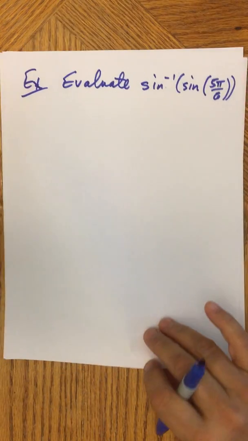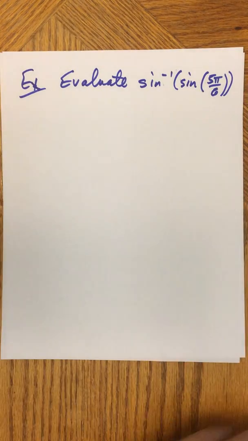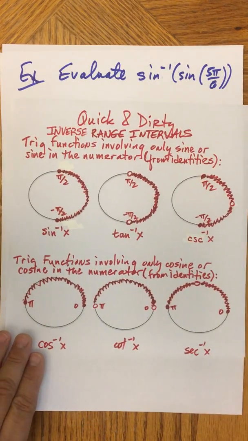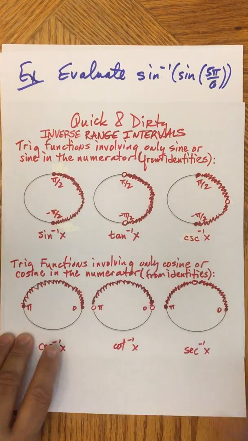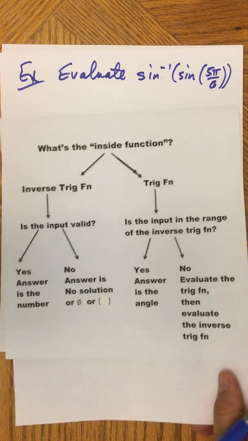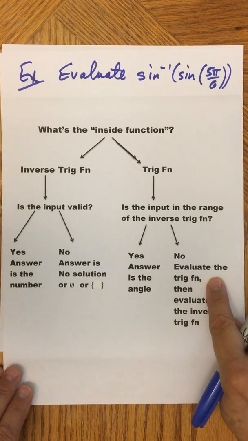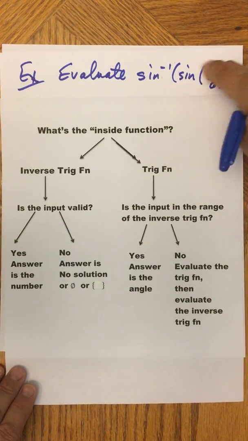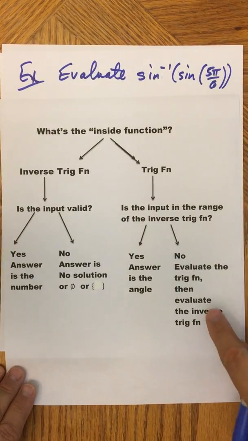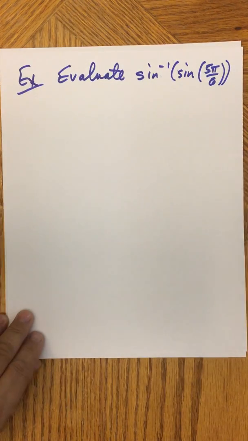Now what about here? Inverse sine of sine of 5 pi/6. Again, you've got to see if this angle is in here, and it's not. 5 pi/6 is over here. So what do we do? In this case, you have to evaluate the trig function, meaning find the sine of 5 pi/6. Then that number becomes the input to the inverse trig function, and you evaluate that.